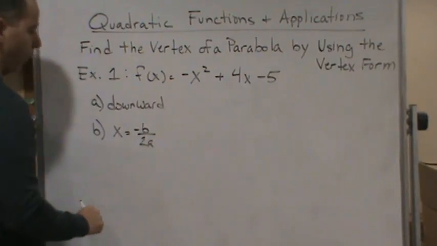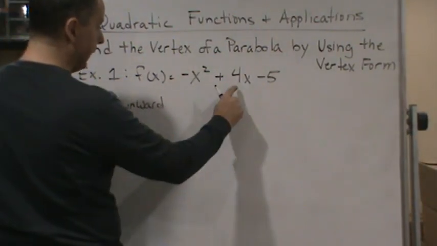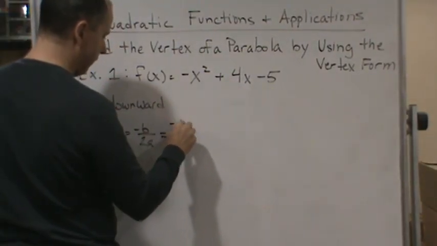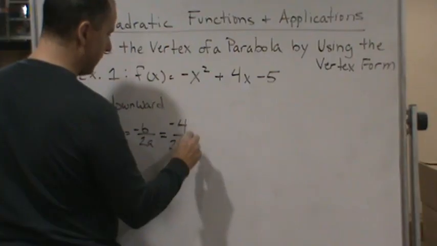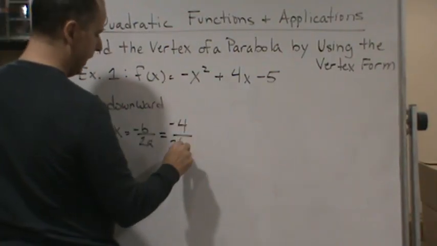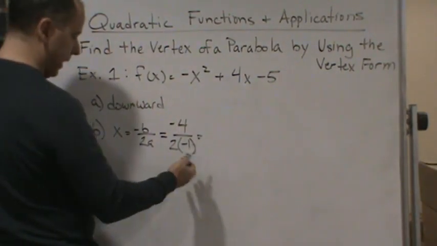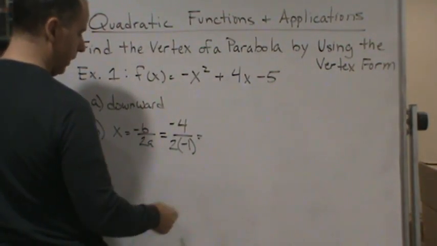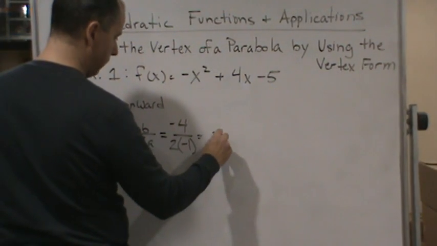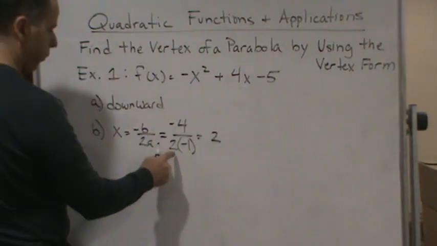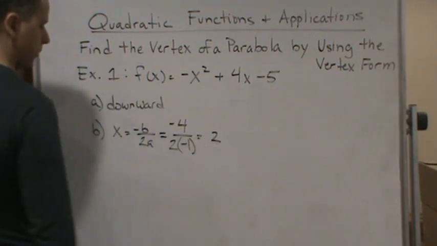Now remember, what is b? b is 4, right? So that means this is going to be negative 4 over 2 times a. What is a? Negative 1. So now, if we simplify this, what does this become? We get negative 4 divided by negative 2, which gives us positive 2.